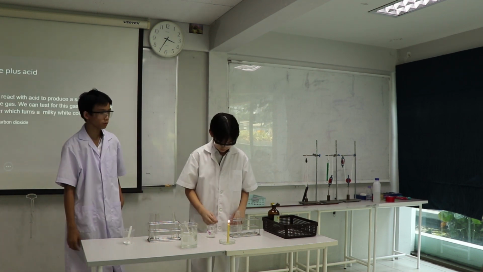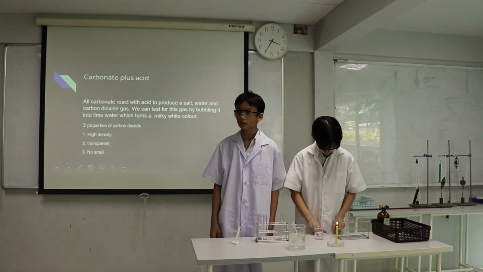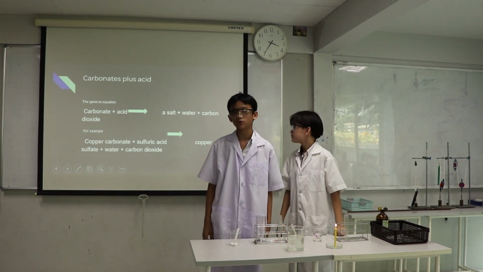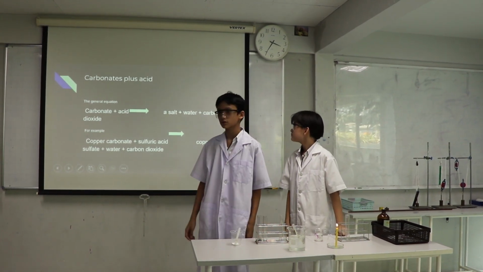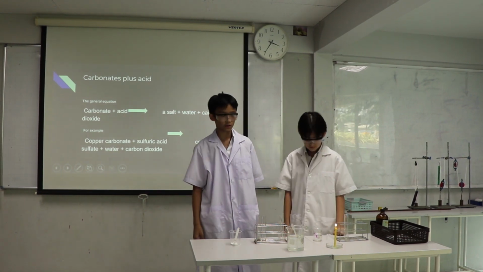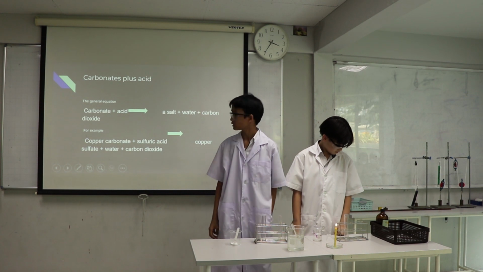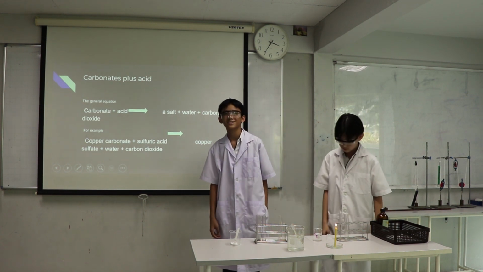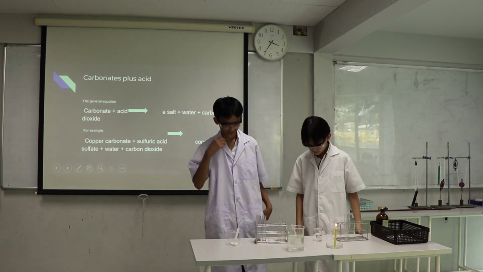Now myself and Romeo will be presenting to you the carbonate test. The general equation for this test is carbonate plus acid makes a salt plus water plus carbon dioxide. For example, let's say copper carbonate plus sulfuric acid makes copper sulfate, water, and carbon dioxide.